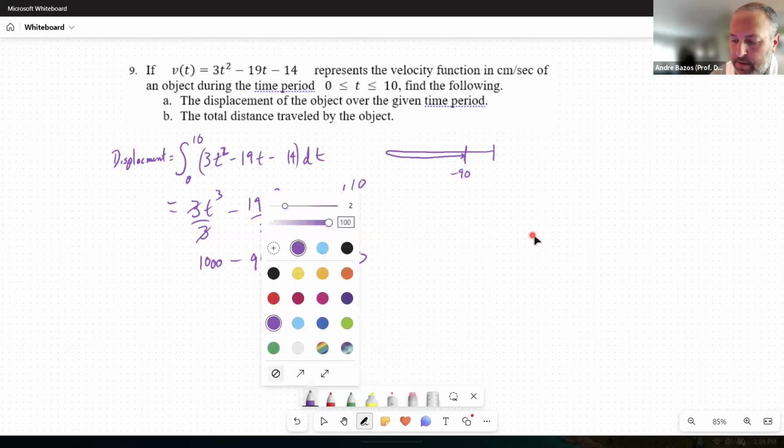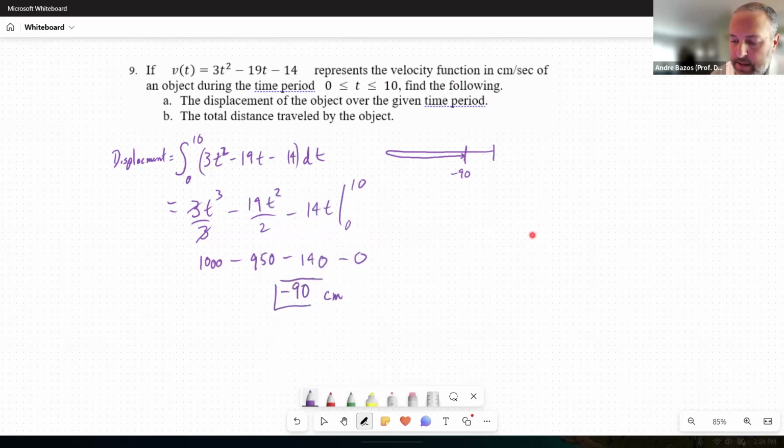Super duper important. We want to be able to think about the units, and what I love about calculus is that the units work with derivatives and integrals. All right, so there's the displacement. Now we need the total distance. So now we need to include this back part, where it stops here, and then this front part.